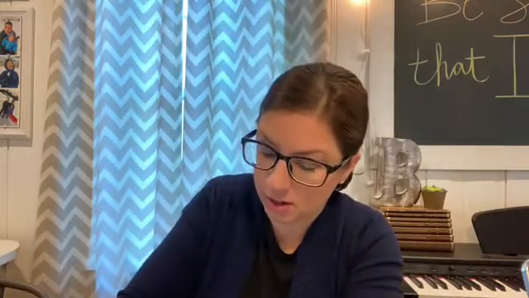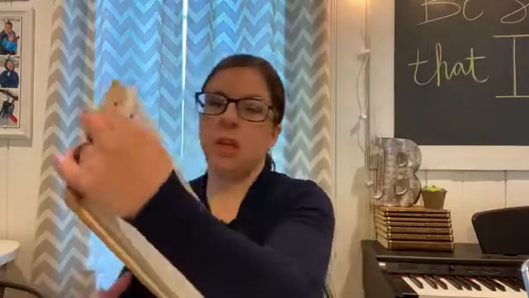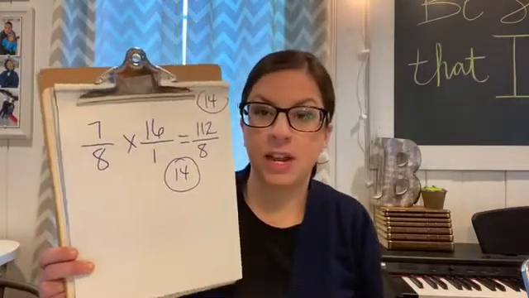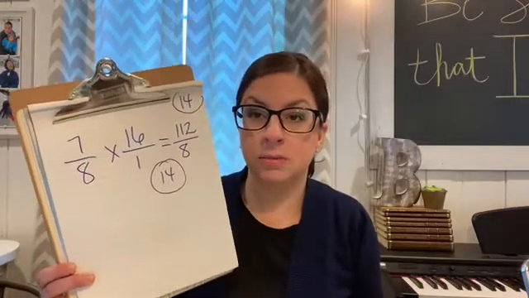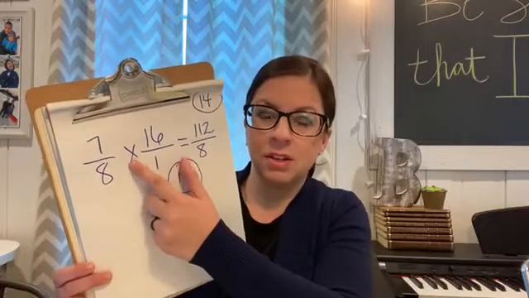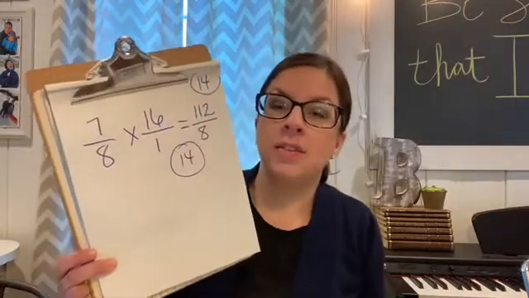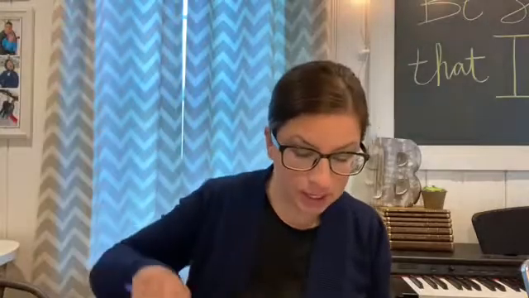So 112 divided by 8. 112 divided by 8 is 14. So 14 would be your answer. So 7/8 of 16. Remember, you can use "of" for the multiplication. 7/8 of 16 would be 14.